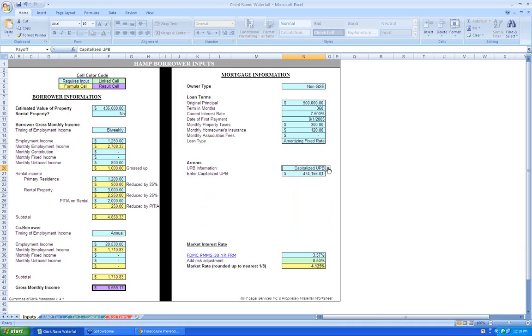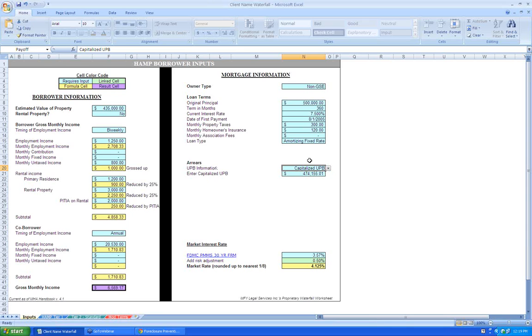So as you know, HAMP works off of your capitalized UPB, which is the amount that you owe on principal plus your eligible arrearages. Now, sometimes you have the capitalized UPB. You've gotten a reinstatement figure or you've requested it from the lender and you have an exact amount. And that's great.